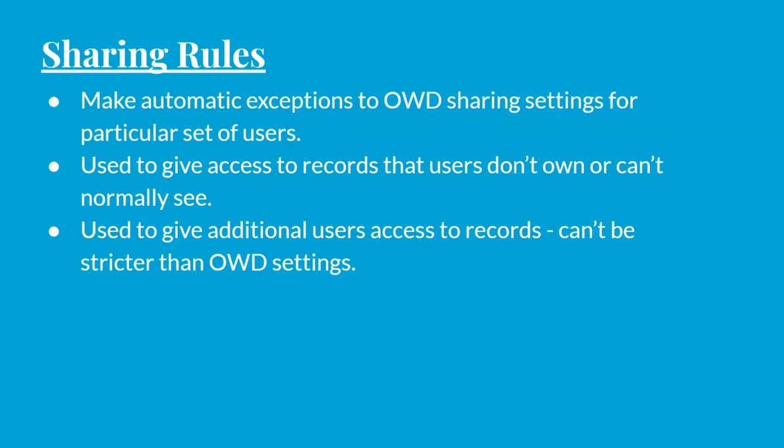This is used to open up the access. If it is already private at OWD, you cannot define it otherwise. If it is public read only in OWD, you cannot make it private using sharing rules, because it cannot be more restricted than OWD. OWD is the most restricted, and after that, all these will be used to open up the access.